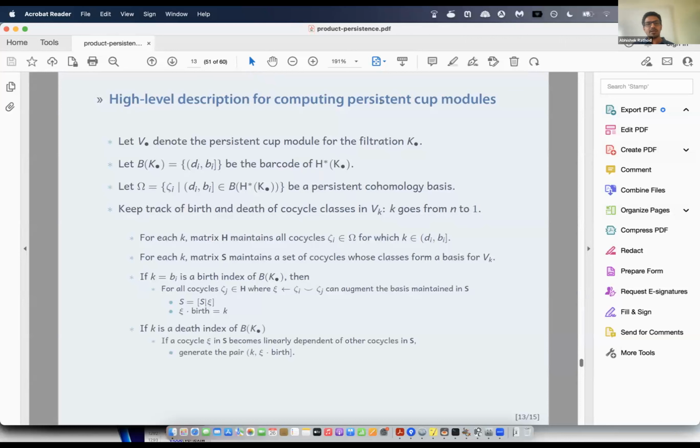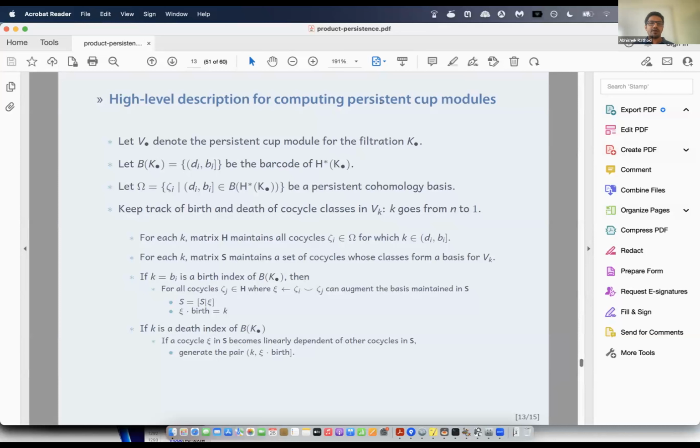The second case is that of death. We recall that we also showed that the death indices of the cup modules are a subset of the death indices of the ordinary persistence. So we want to see if it is indeed so, and we only need to check that at most one co-cycle can become 0 in this iteration.